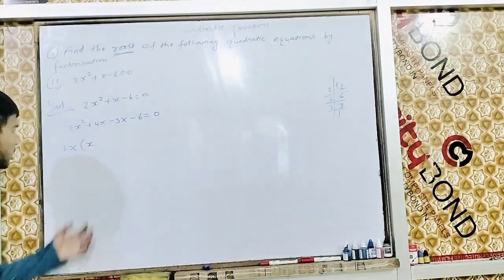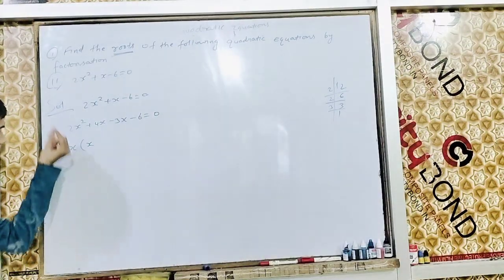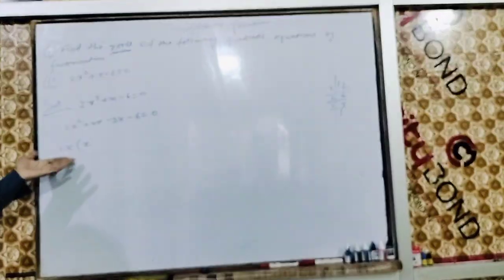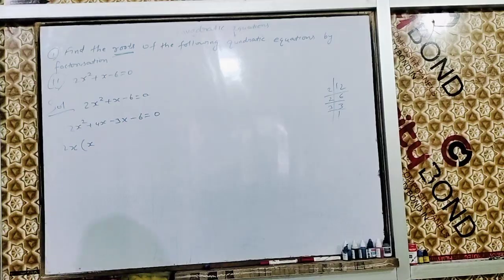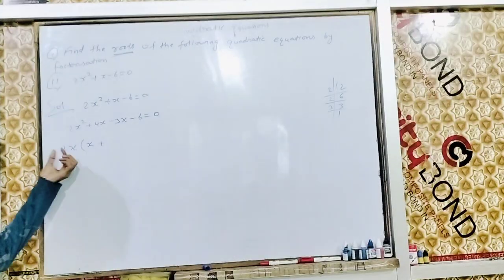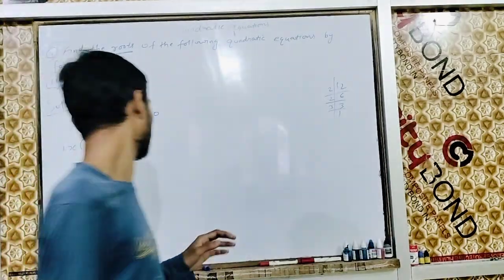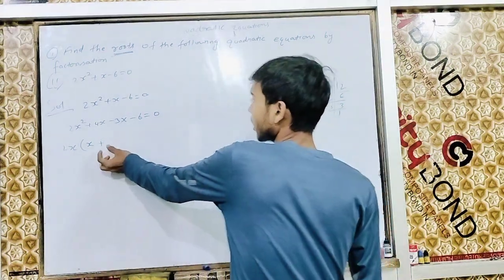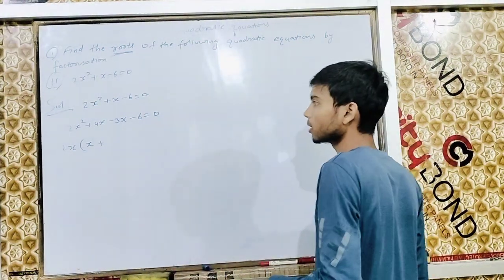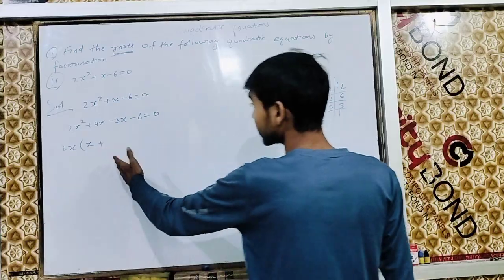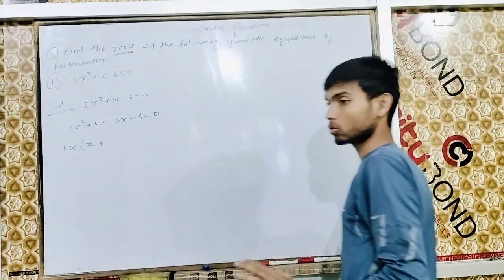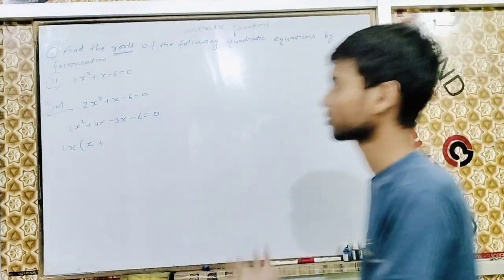Then here this will be x. If we multiply this 2x by x, it gives 2x square. The next term here is 4x with 2x taken out. What should the number be? When we multiply this by 2x, it should give us 4x. So of course 2.